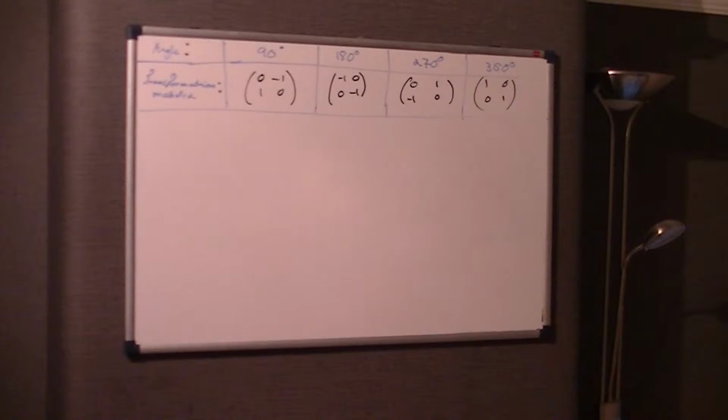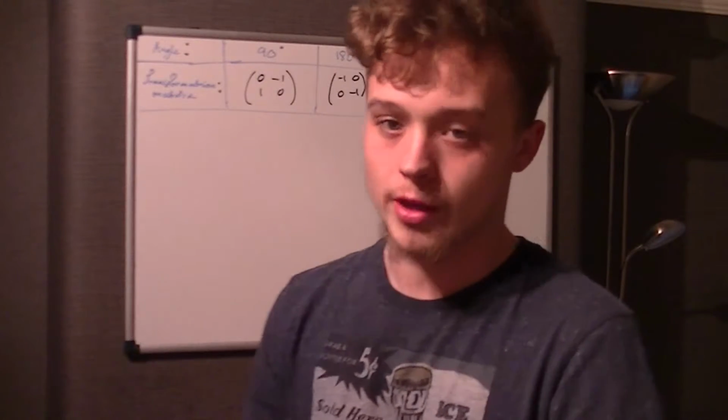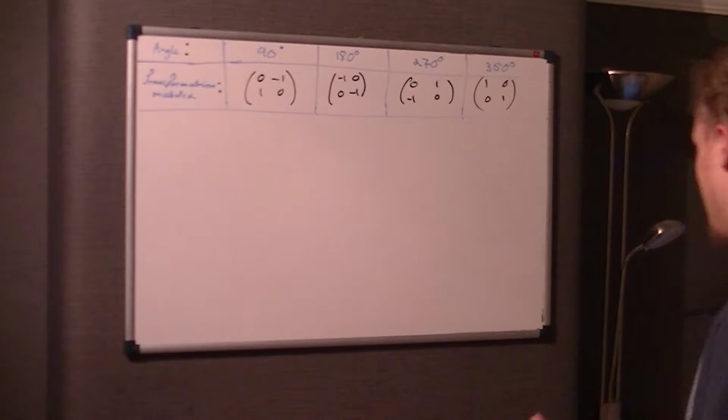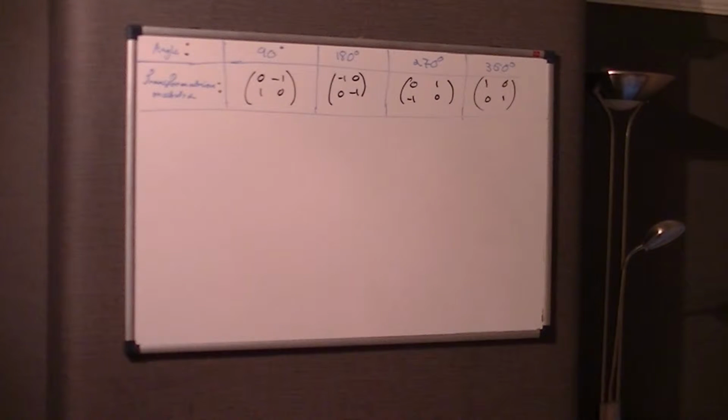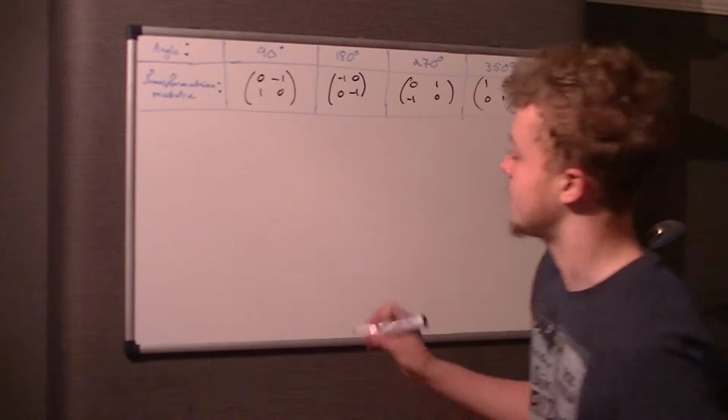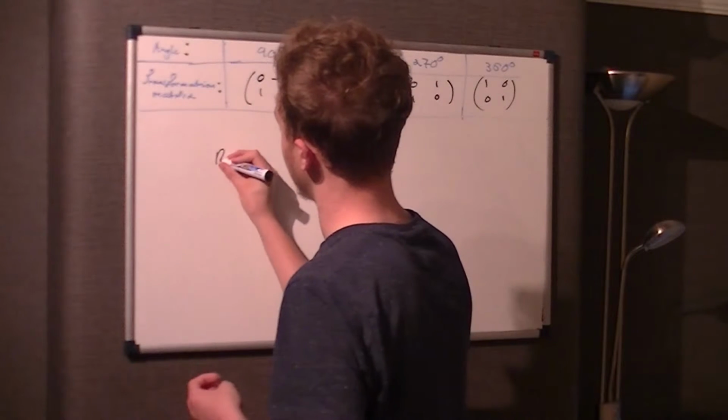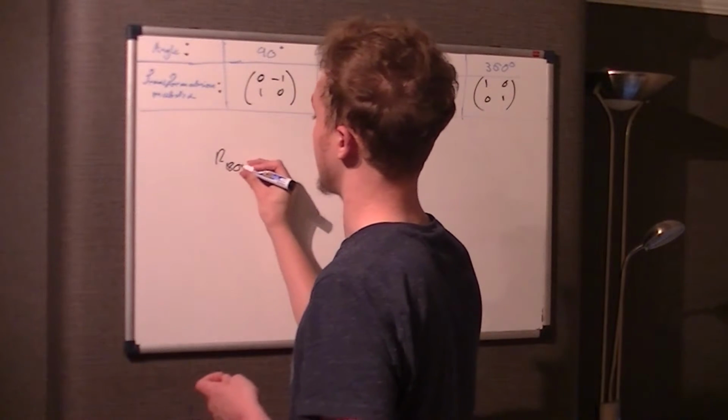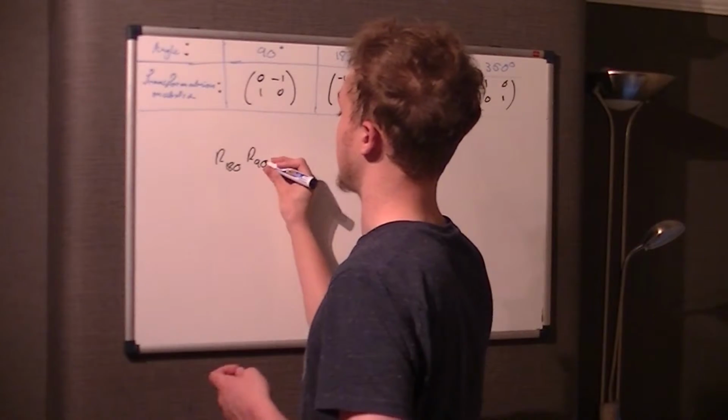Well, in this video we're going to be looking at combining transformations. Now, it's a very, very simple process. Basically, you might get something that says rotate the shape by 90 degrees followed by a rotation of 180 degrees. In other words, you do the rotation of 180 degrees and the rotation of 90 degrees.